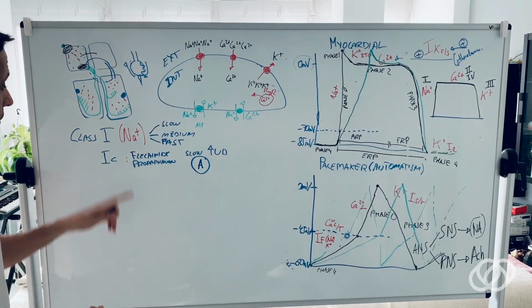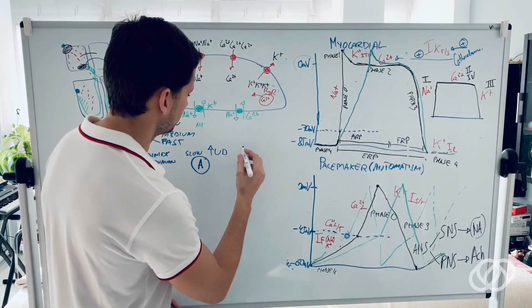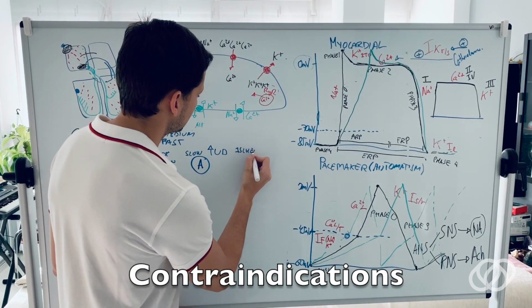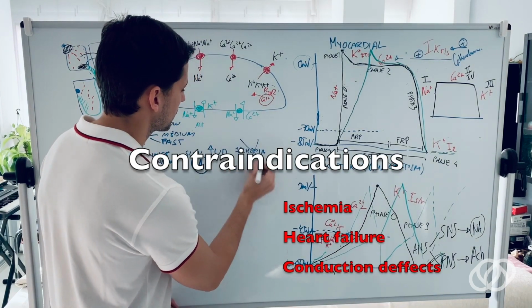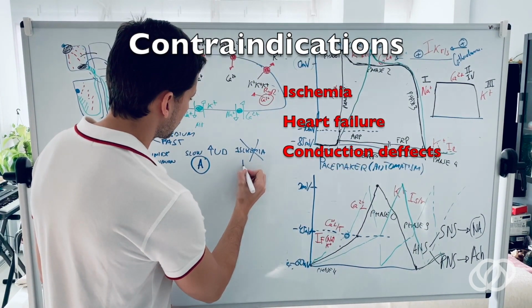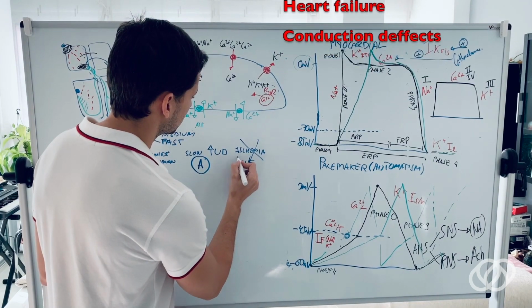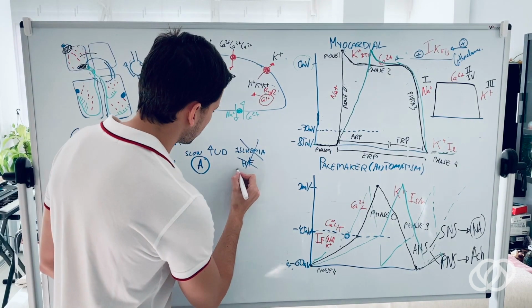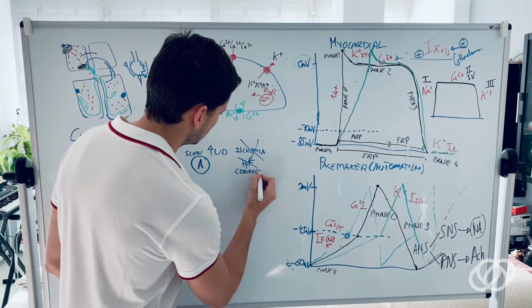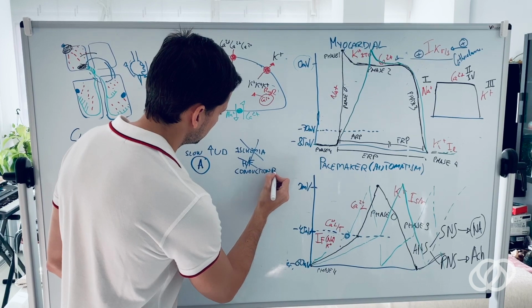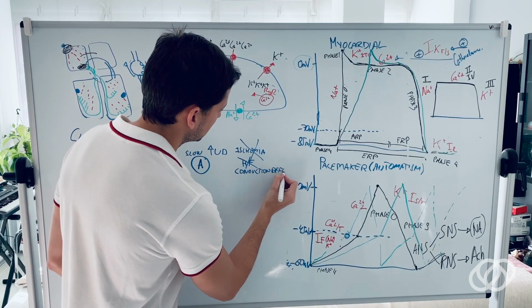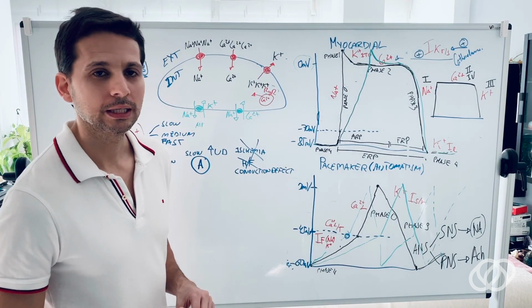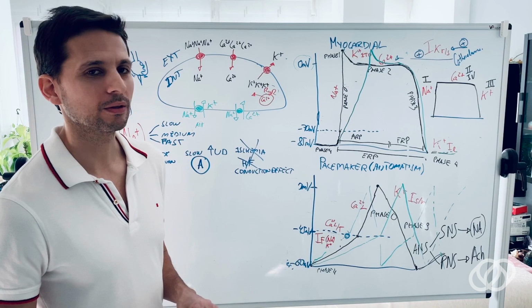We cannot use them in ischemia. We cannot use them in heart failure. And we cannot use them when we have a conduction defect, for example an atrioventricular block or a bundle branch block.